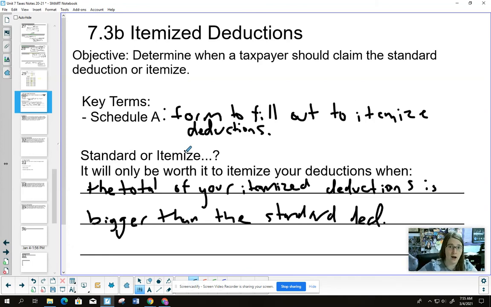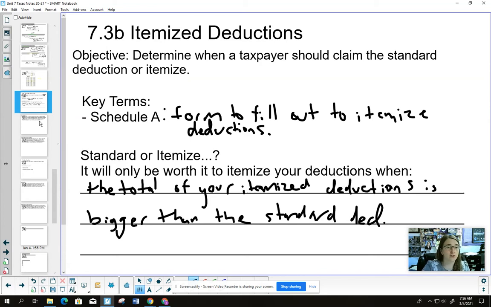It may be worth it to itemize. Nowadays, not a lot of people itemize because they really increased the standard. A couple years ago, they really bumped the standard up so that even fewer people are going to itemize because it's just not worth it. They don't have enough itemized deductions in order to go that route. So they just do the standard.